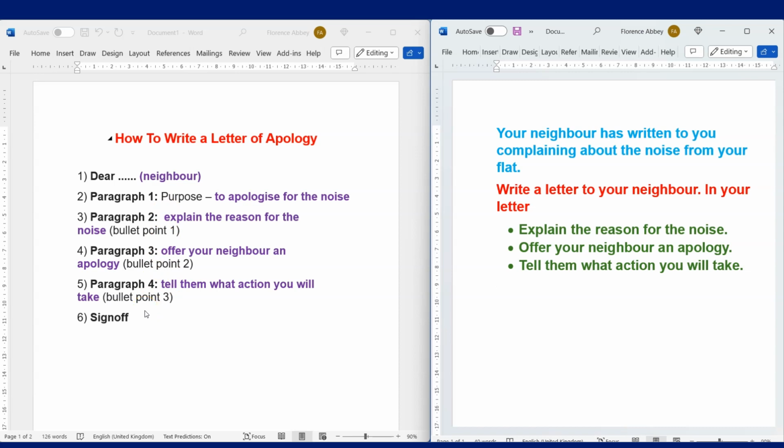So this will be how your letter will look. Now, letters must be written in an appropriate tone and style. So we need to look at whether our letter will be a formal letter or an informal letter.